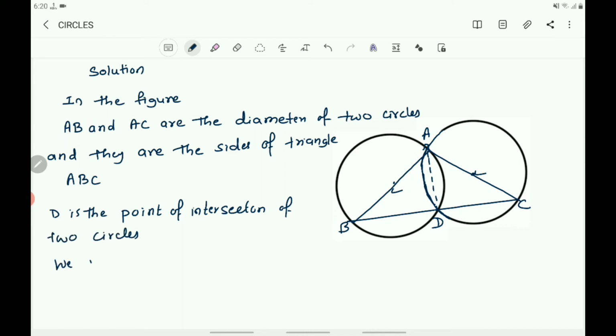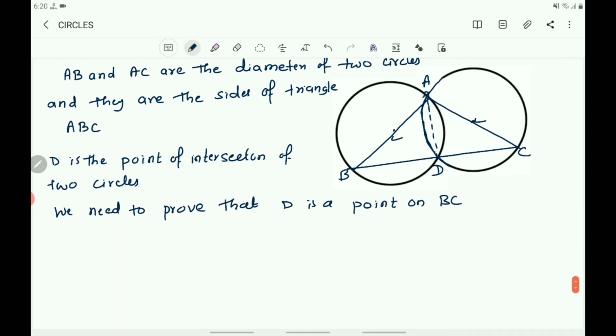We need to prove that D is a point on BC. That is, BDC is a straight line, that I have to show. It is very simple to prove.